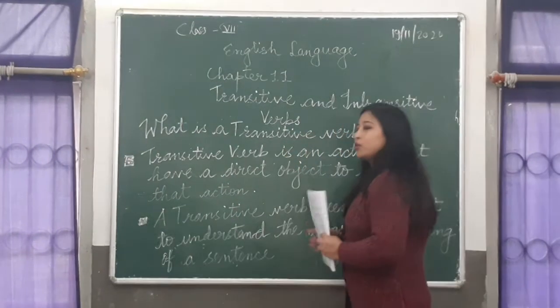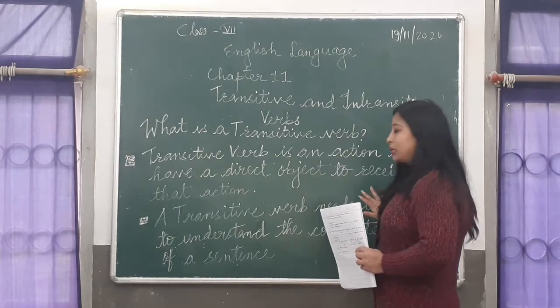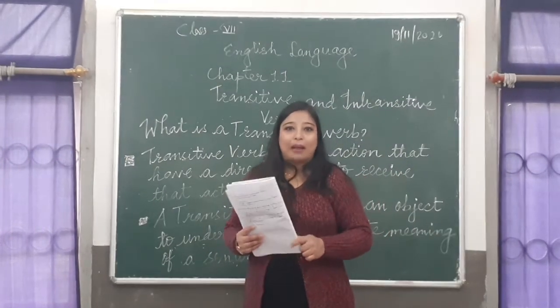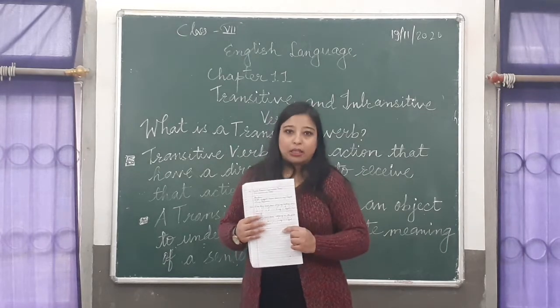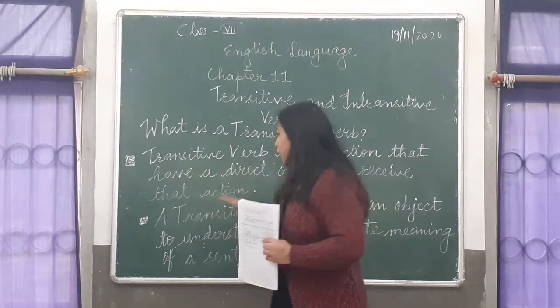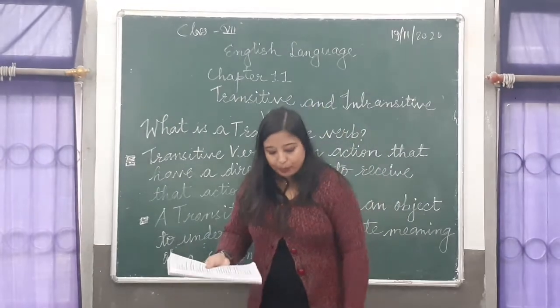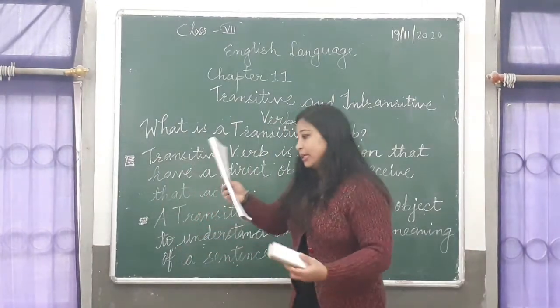I hope so far the definition is clear to you. Now I will give you some sentence examples for your better understanding. You will understand this whole definition with an example. Now see this sentence, children.